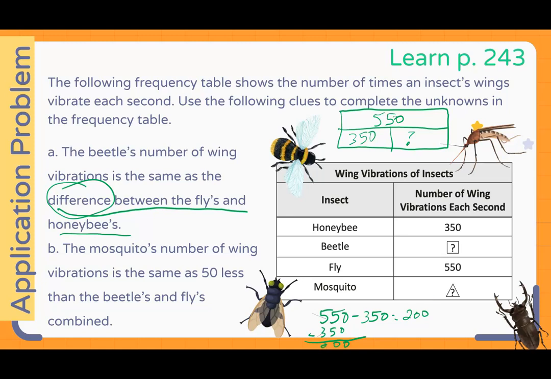So now we know that the beetle, a question mark, is 200. Now, how can I check this? Well, if I take 350 and I add 200, I should get 550, and I do. Okay, that's the first one. Let's go on.